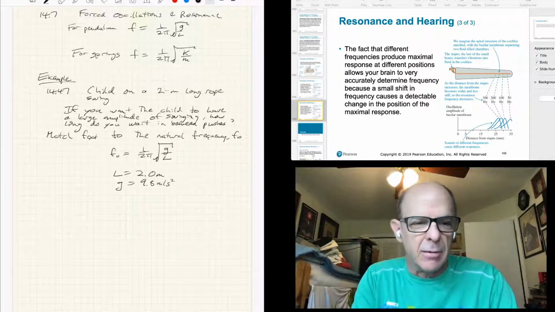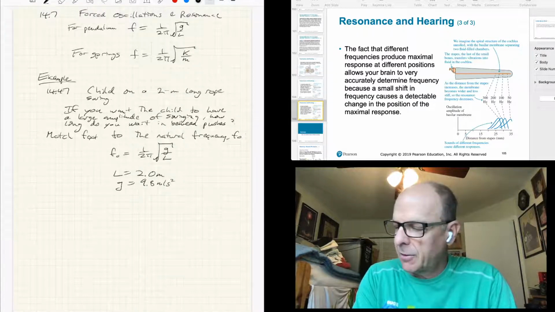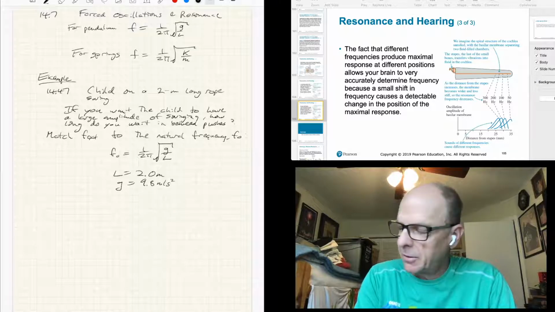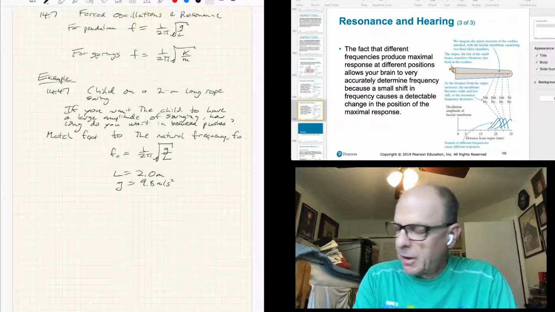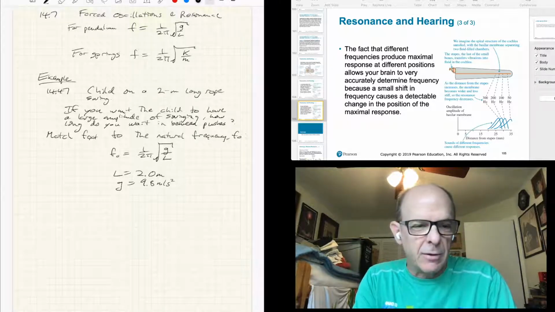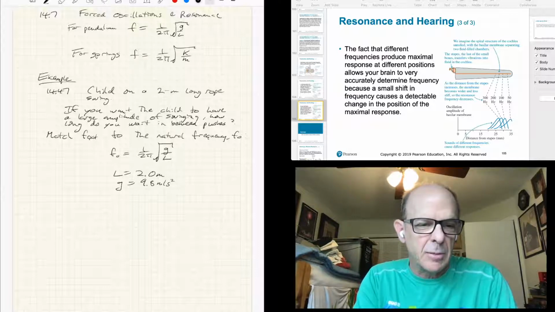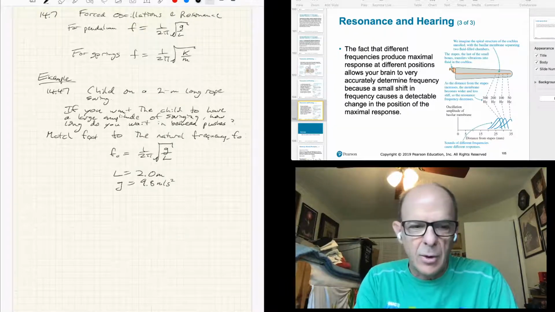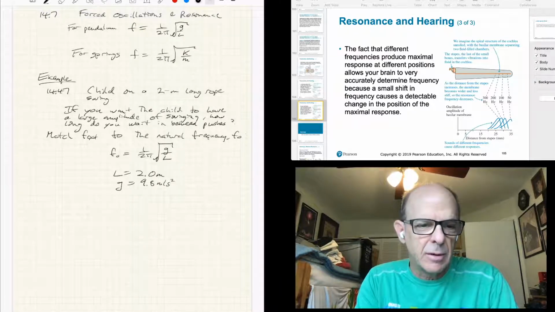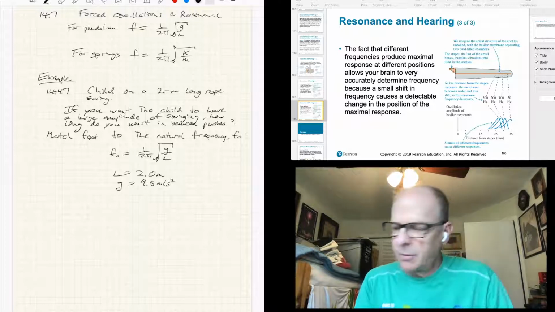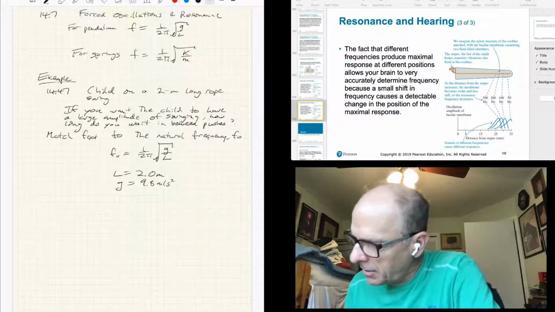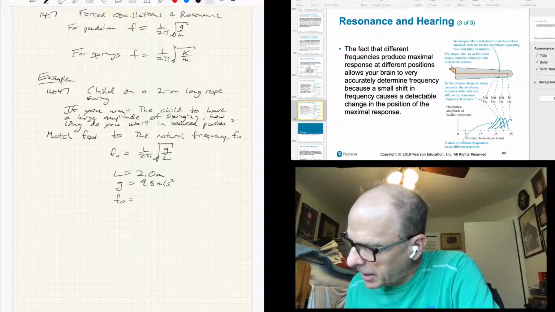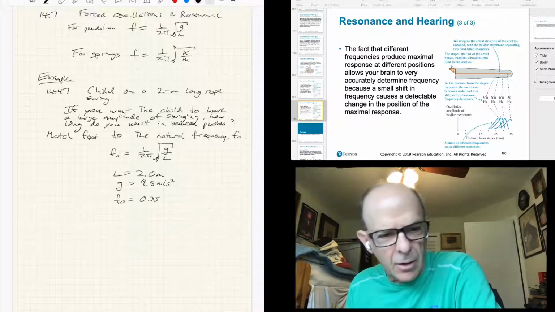The mass is irrelevant for this problem. It would be the same answer no matter how big a person is on the swing. So let's just take a look at what that frequency works out to. It's 1 over 2 times pi times the square root of 9.8 divided by 2. And that gives us 0.35 hertz.